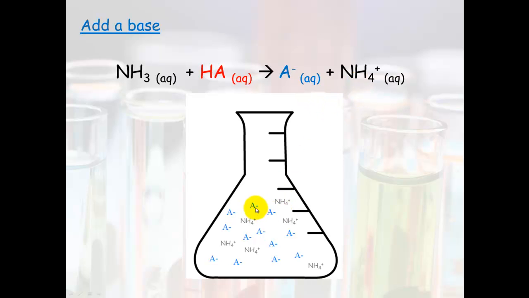And this is what happens here. So all of the HAs become A-, and you can see here they've all turned into A-. That's because the indicator has donated its hydrogen to the ammonia and thus formed its conjugate base. So it becomes a blue colour.